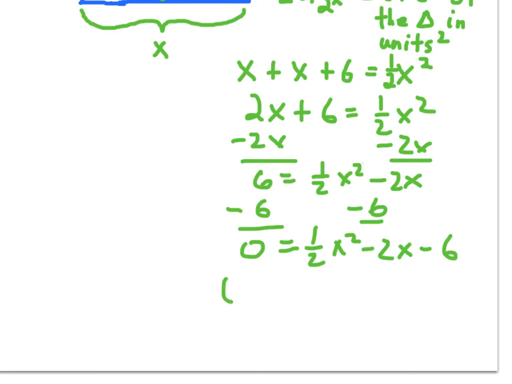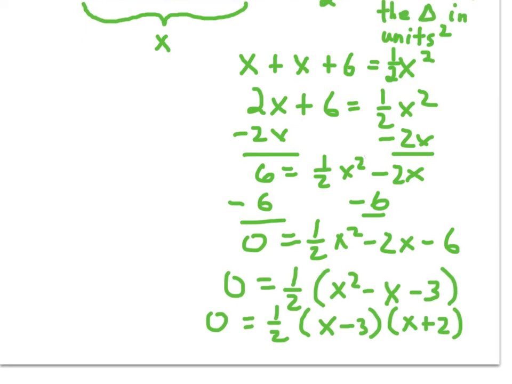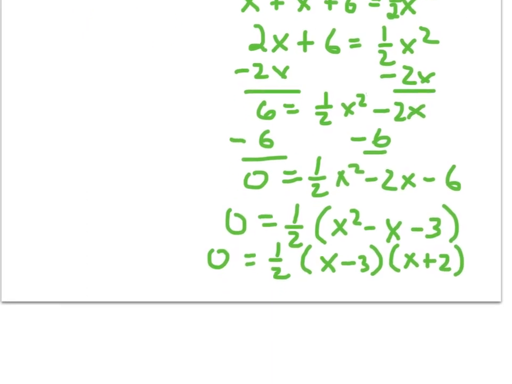So I'll have 0 equals 1/2, and then x squared minus 1x minus 3. So I'll have 0 equals 1/2, and then x minus 3, x plus 2 would get me that middle term of -1.